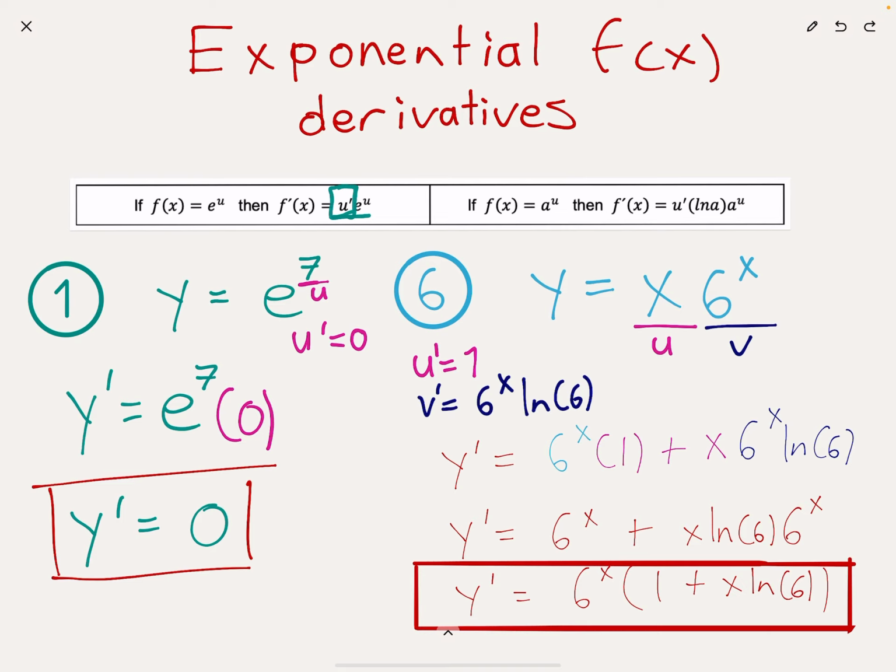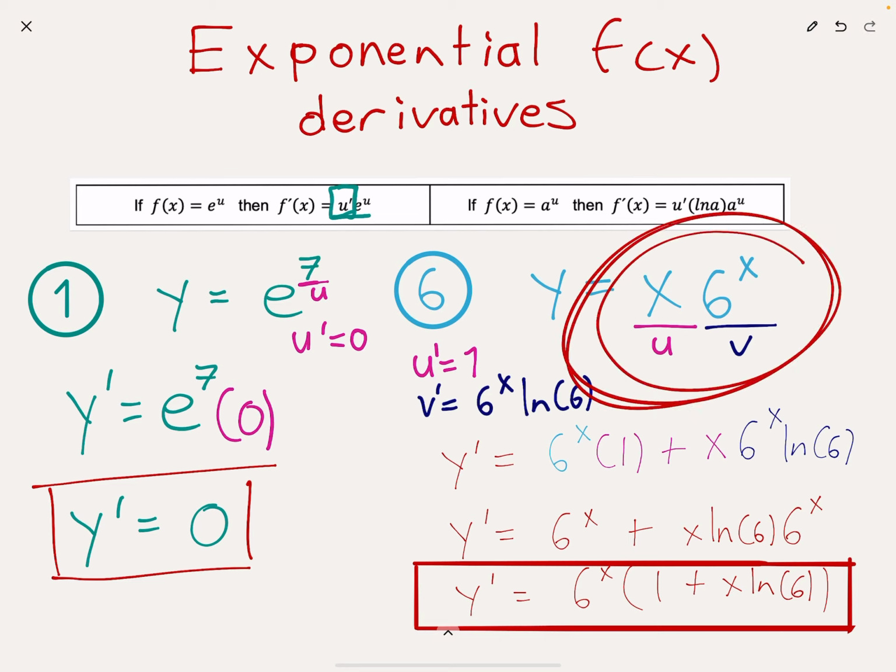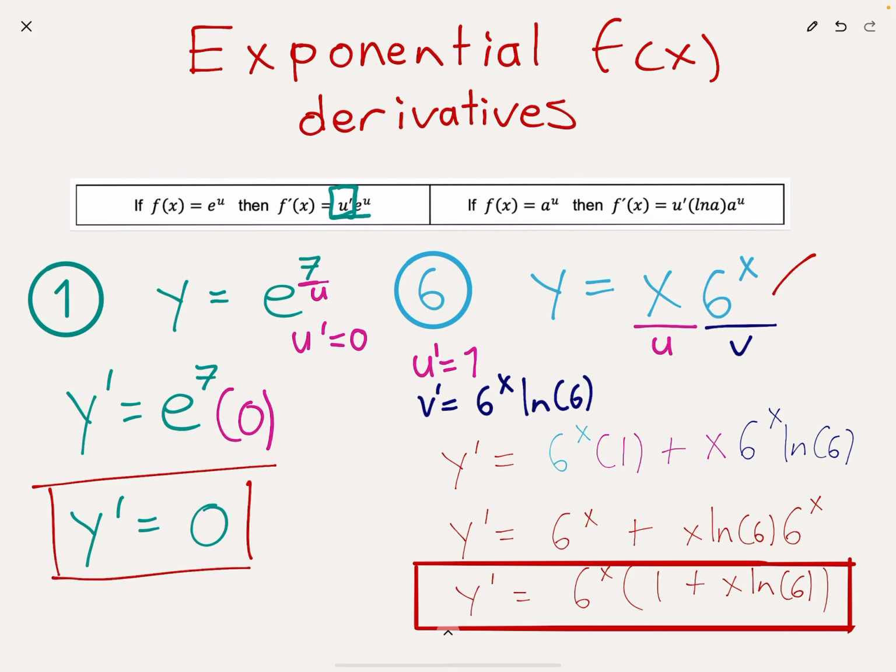The one on the right is already solved to save a little bit of time. But what I want you to see is that exponential functions can also be combined with the product rule or quotient rule. In this case, we have a product rule. Why a product rule? The function on the right side is exponential, where the exponent has the variable.